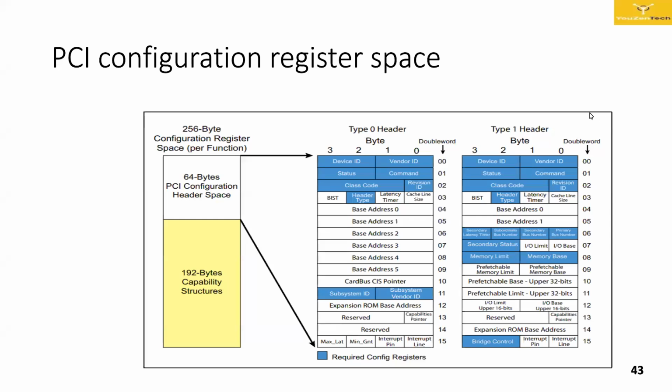It is fixed, and it continues even today in Gen 6 also. This thing is not going to change. It was there in PCI and in PCI Express also. This 64-byte header still exists today.